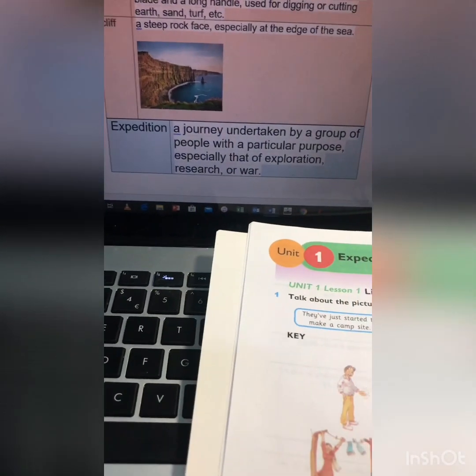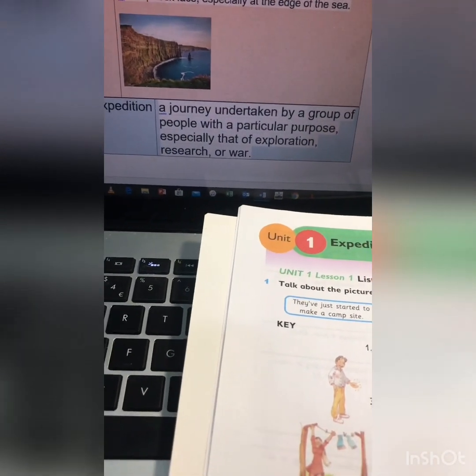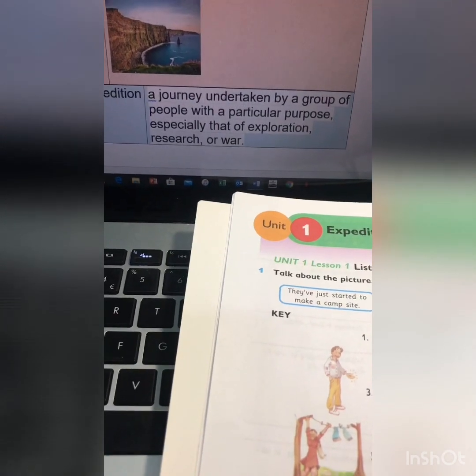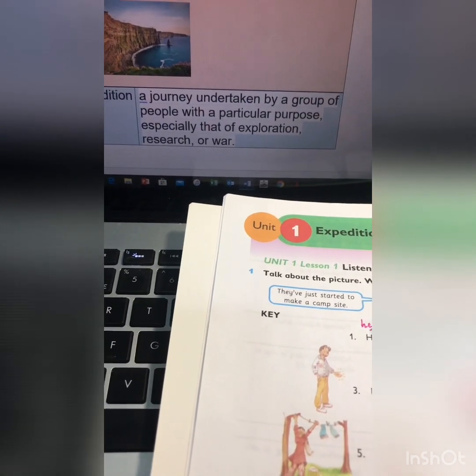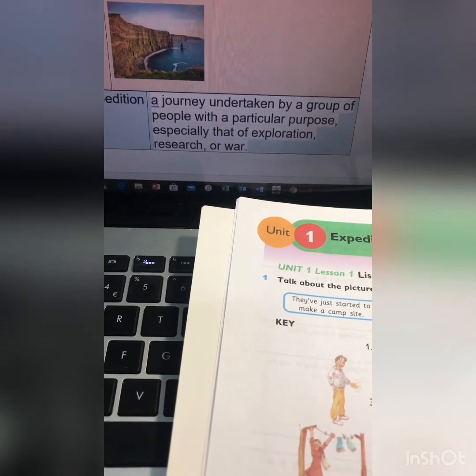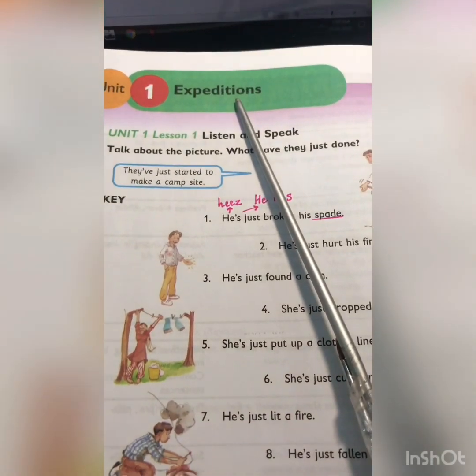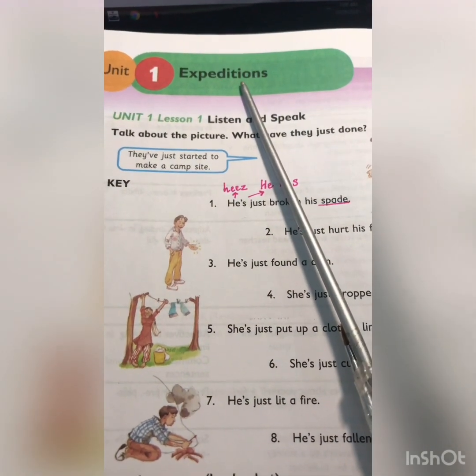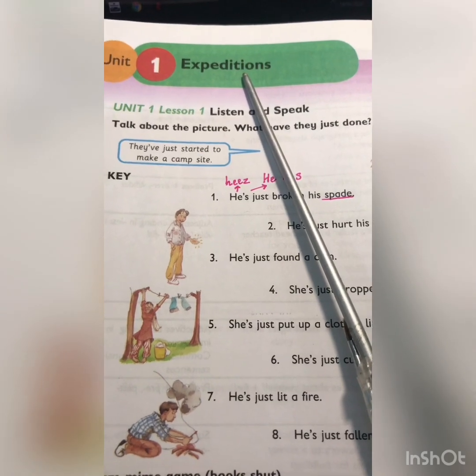Let's see. Expedition is a journey undertaken by a group of people with a particular purpose, especially that of exploration, research or war. So this means expedition is traveling from one place to another for a specific purpose.